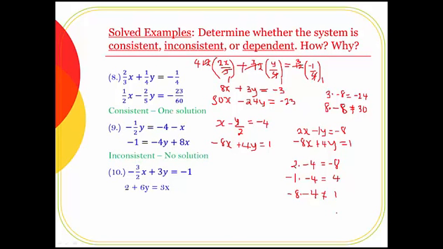Then question 10. If we multiply by 2, 2 is the LCD. We will have negative 3x plus 6y equal to negative 2. That's equation 1. Here, we can actually switch.